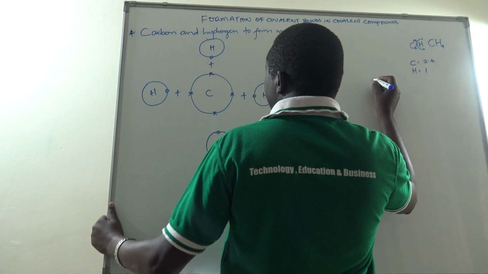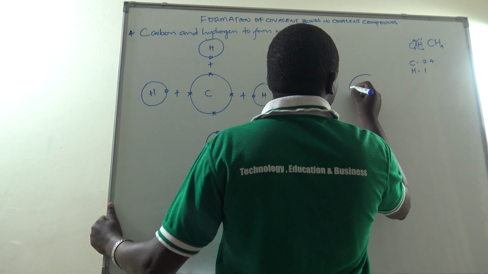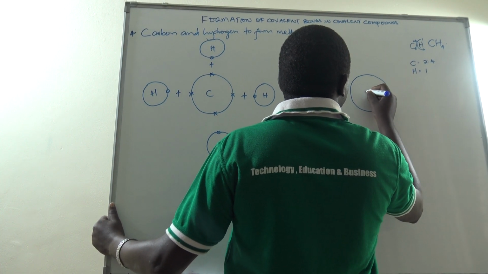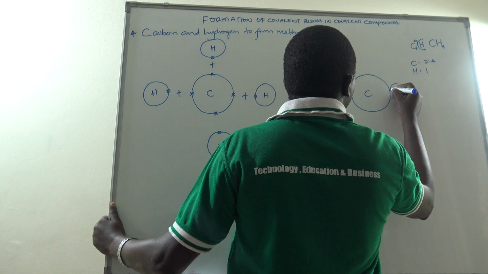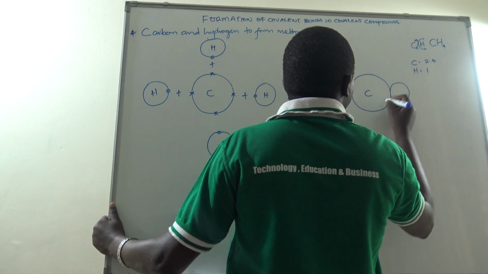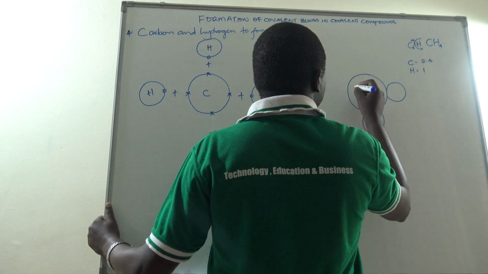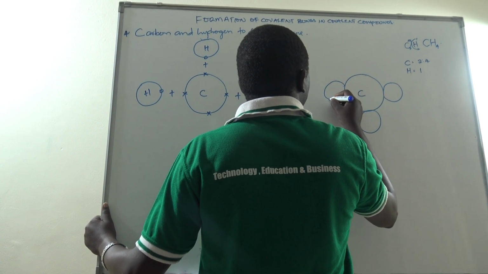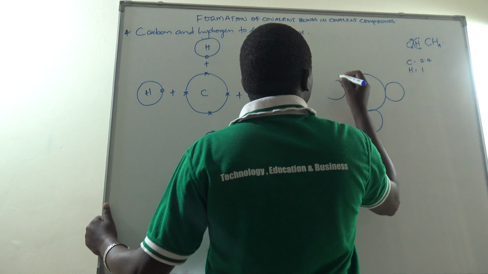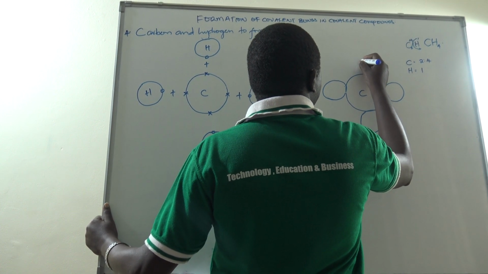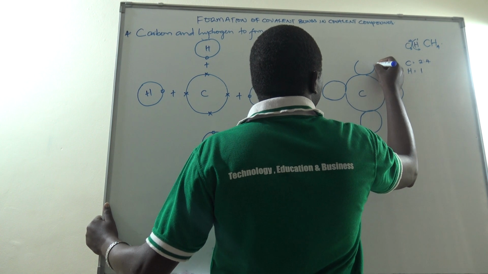So what they form is, this is the central atom, the carbon atom. It is bonded to 4 hydrogen atoms: 1, 2, 3, and the 4th atom is here.